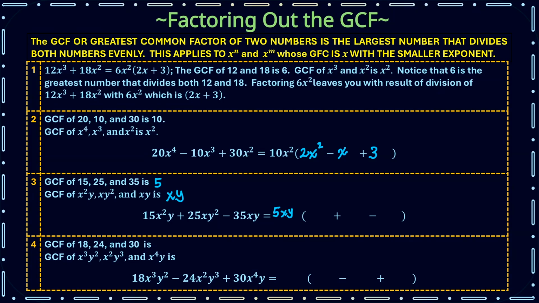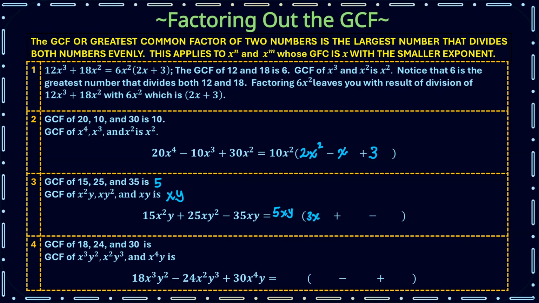Now you're going to factor 5xy by dividing each term by 5xy. 15 divided by 5 is 3. We have x squared divided by x, that's x.